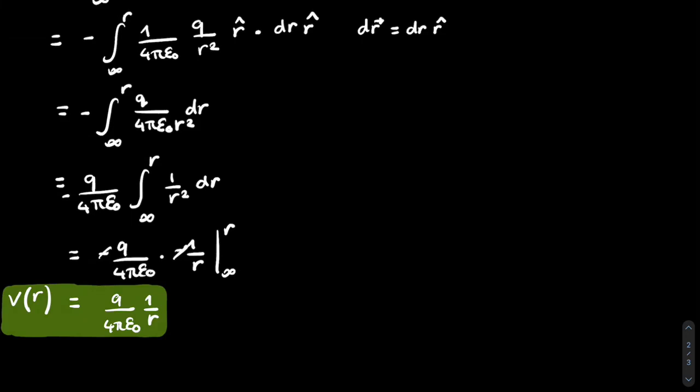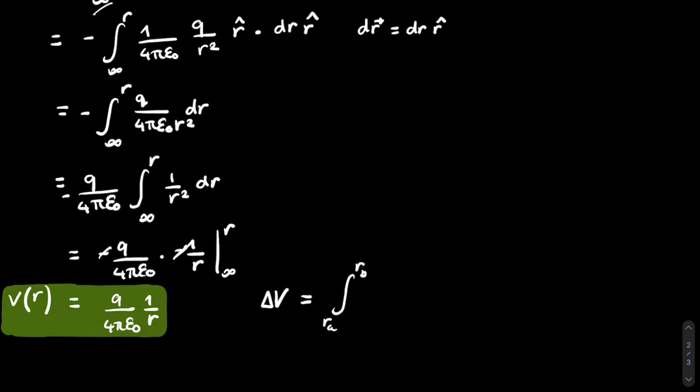But say if we wanted to work out the potential difference, just as a slightly different example, delta V, instead of integrating from minus infinity to r, what we do in that case is we actually integrate between two fixed points. So let's say that it's RA and RB.